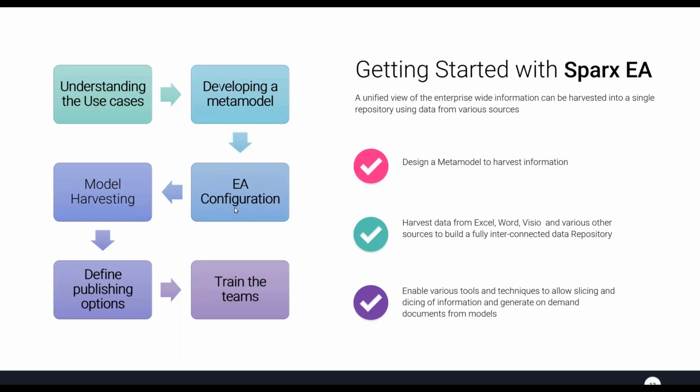Those configurations, if done properly, would eliminate all the noise from the tool and give users a very clean and focused interface to work on. And it's only after this step we need to look at building a model, and then comes the reports and dashboards and all the stakeholder views.